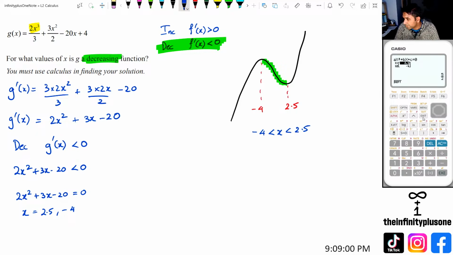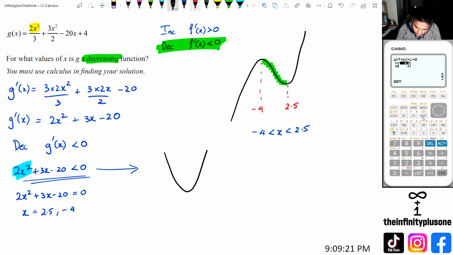Now, Jules, you've been asking about needing to show this extra bit of working. Well, you can, because the other thing you can do is from this line here, this happens to be a positive parabola. So the parabola is going to look like this. Because it's less than 0, we're going to put a little line like this.